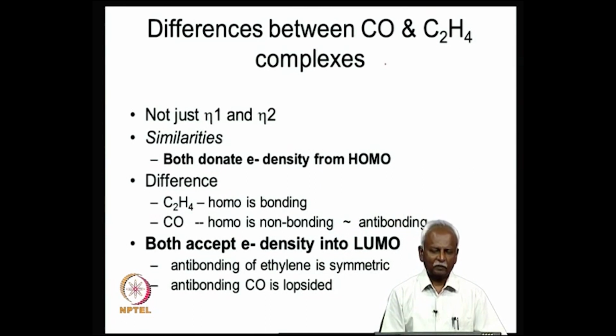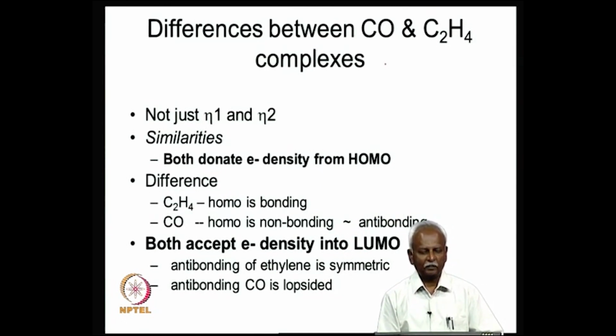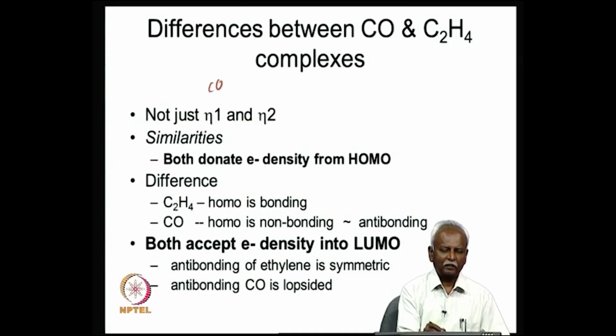So, there are some similarities between carbon monoxide and ethylene complexes. It is not just a case where you have eta 1 and eta 2 coordination modes between the ligand and the metal, eta 1 in the case of carbon monoxide and eta 2 in the case of ethylene. That is not the only difference, or that is not the only similarity.